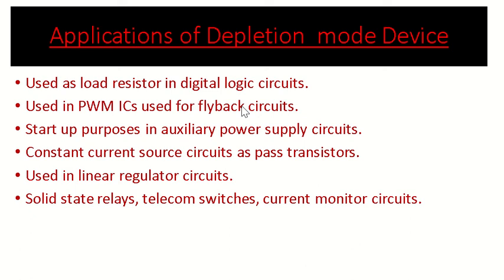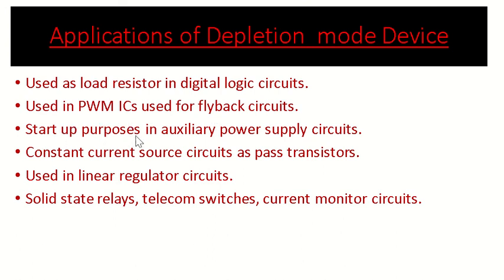Due to that, this depletion mode device is going to be very important. Flyback circuits, it is majorly used, because flyback means wherever it starts, it will return to the same state, we can say. If you want, I will also conduct one session on this, so please let me know.